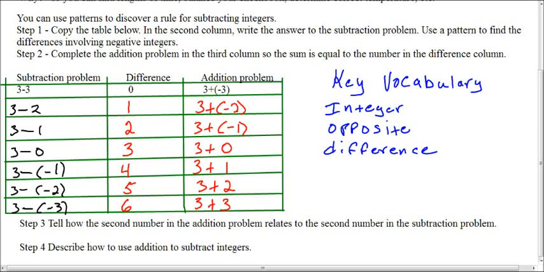Let's see. So we see a positive 2 and a negative 2, a positive 1 and a negative 1, 0 and 0, a negative 1 and a positive 1, a negative 2 and a positive 2, and a negative 3 and a positive 3. What is that called?